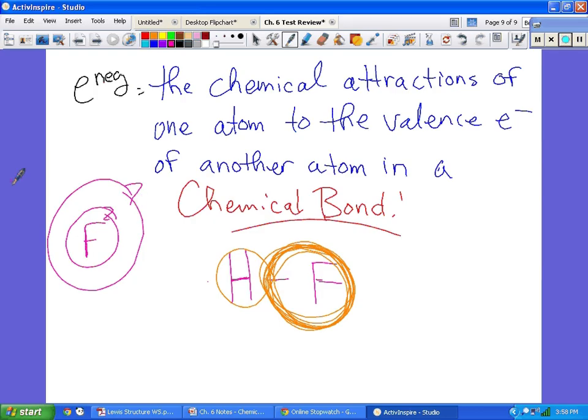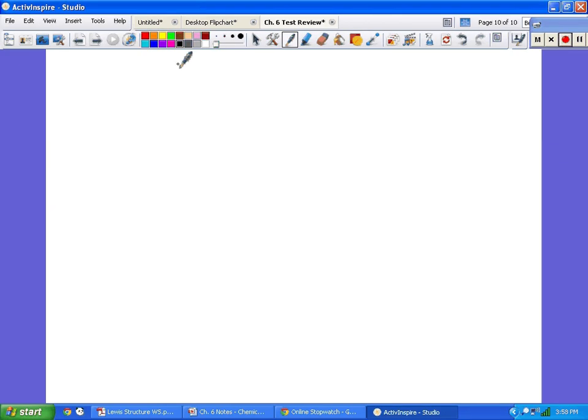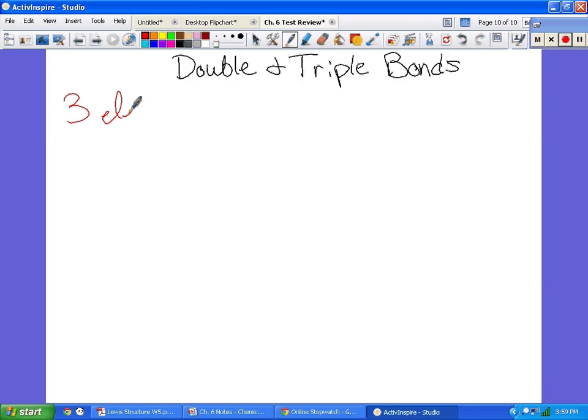The next bullet: know what elements can potentially make double and triple bonds. And it has a sub-bullet of compare double and triple bond strengths and length to single bonds. There are only 3 elements that can make them. Does anybody know what those 3 are?